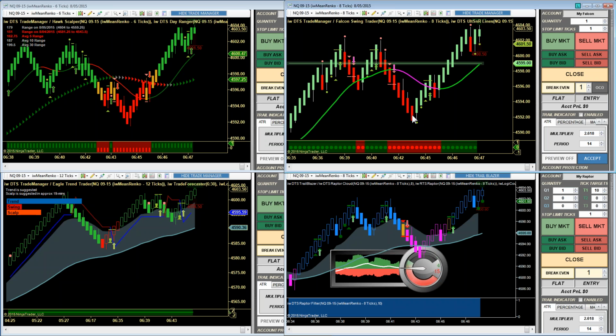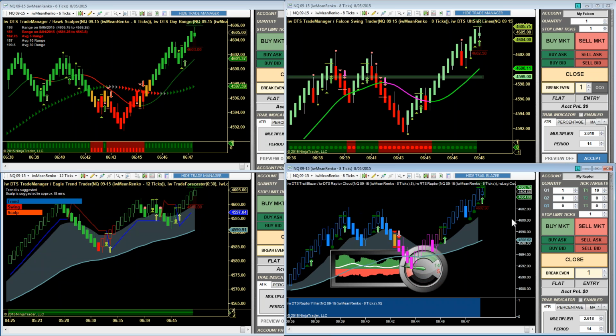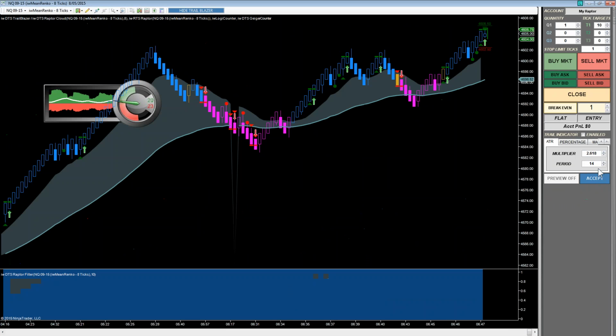Likewise, for the Falcon Swing Trader, the programming is unique. It's focused on those signals that occur when the market produces midterm signals. And likewise for the Eagle, we're focusing on signals that produce when the market is producing long-term signals.